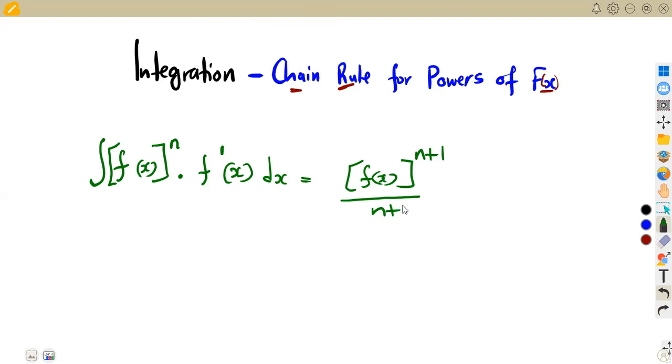That is the whole part that we just need to know, plus the constant of integration. That's the only part that you need to know.